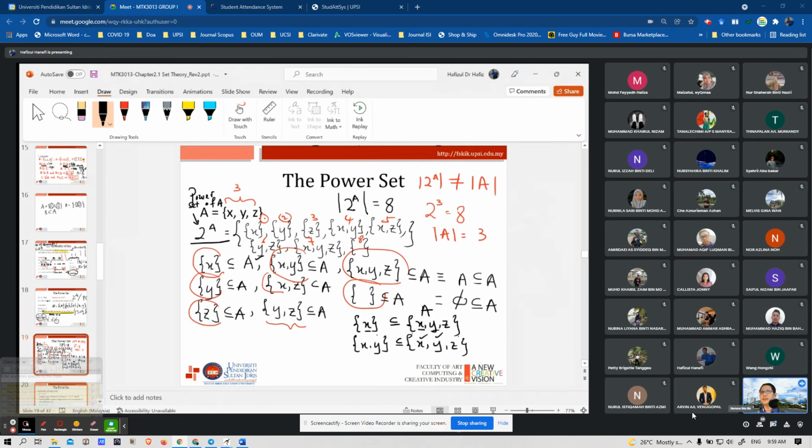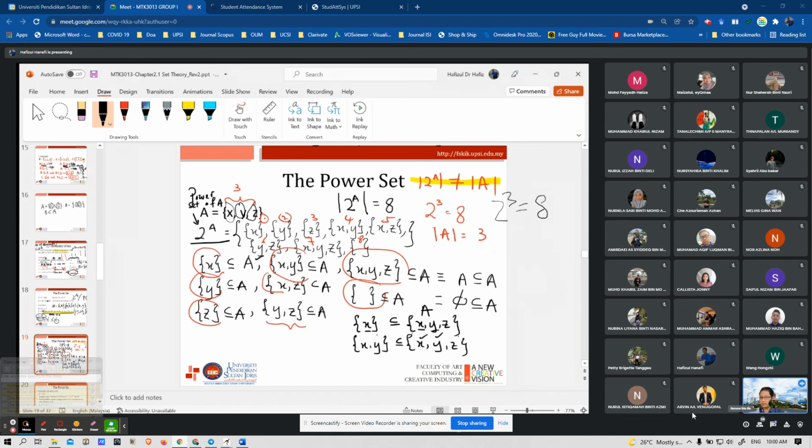The power set of A is not equal to A. For example, we have X, Y, Z, which is 3 elements. We find 2 to the power of 3 is 8, so we have 8 combinations. The cardinality of set A is 3.